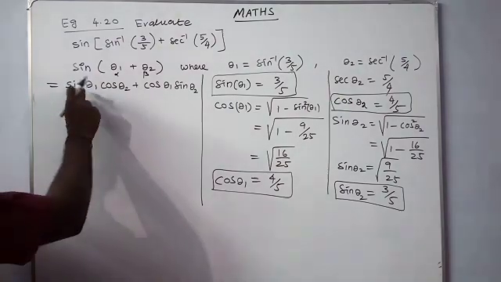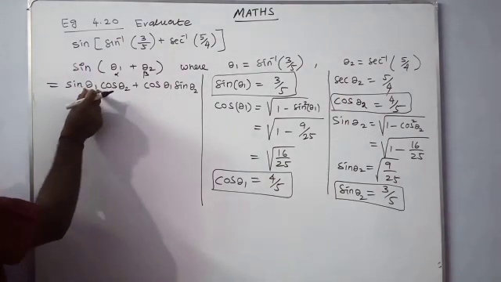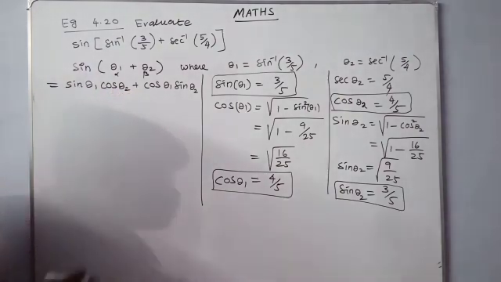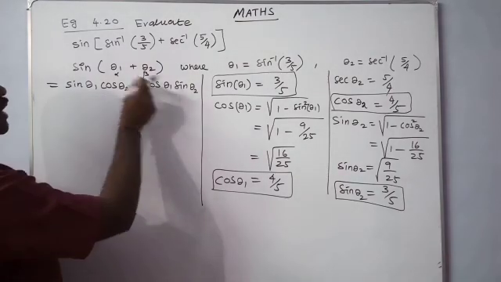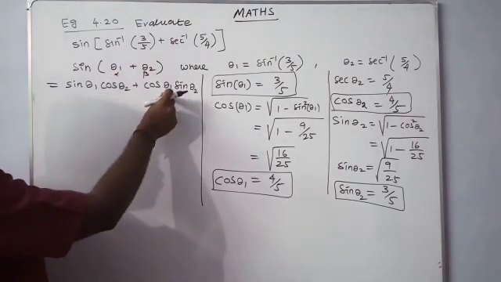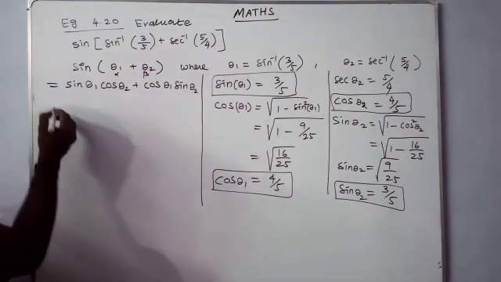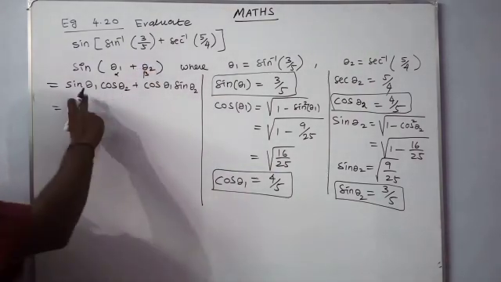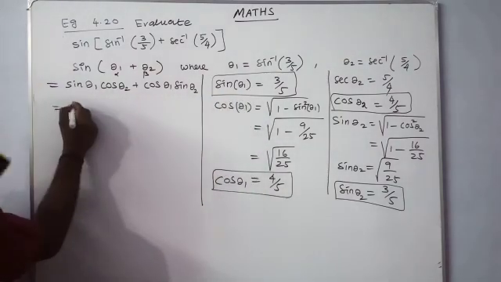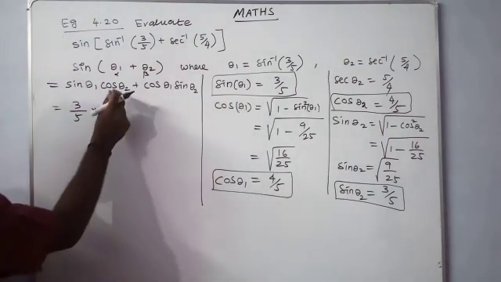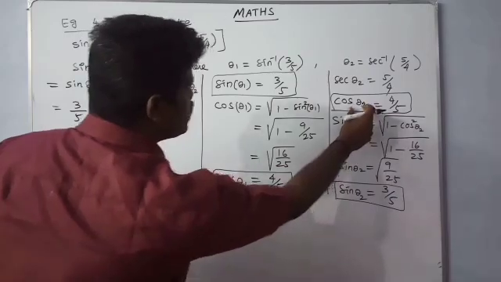Alpha is theta 1 and beta is theta 2. So directly we can apply this value. Sine theta 1 is 3 by 5, into cos theta 2, which is 4 by 5.